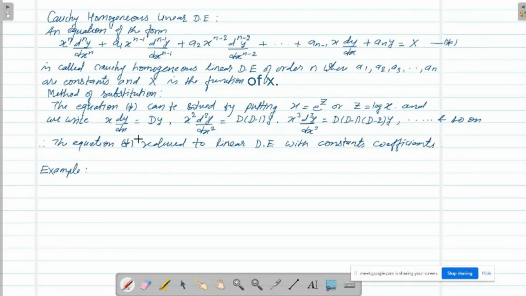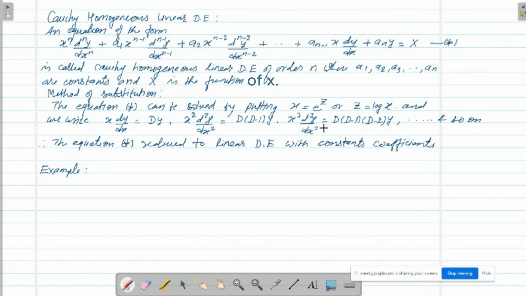See here, this is the homogeneous linear differential equation known as what? Cauchy homogeneous linear differential equation. Okay, so how to solve this type of equation? By substituting x equal to e raised to z. Then this equation can be reduced like this: x dy by dx equal to Dy, and the second order derivative can be reduced to x square d square y by dx square equal to D(D minus 1)y and so on.